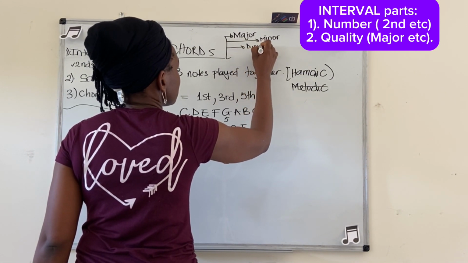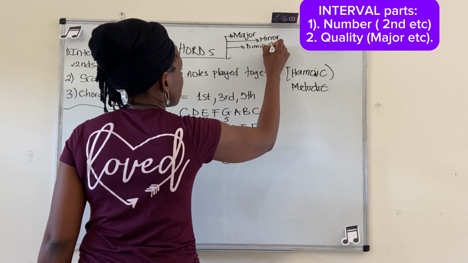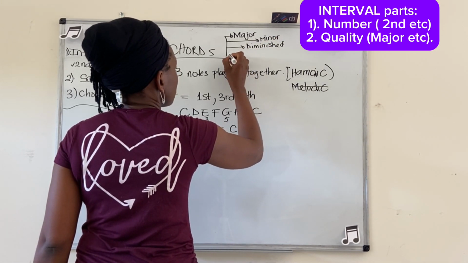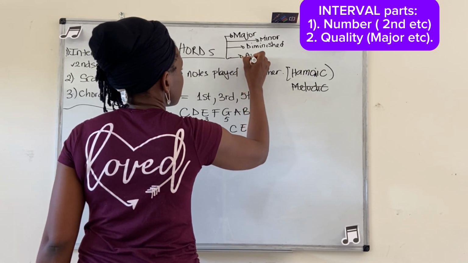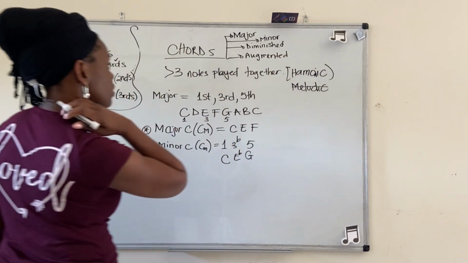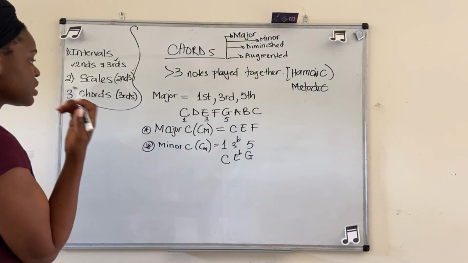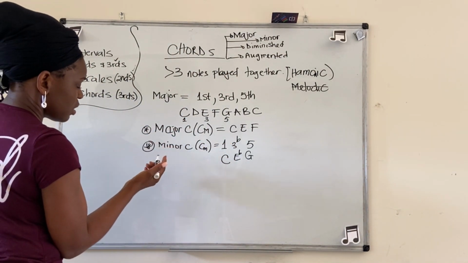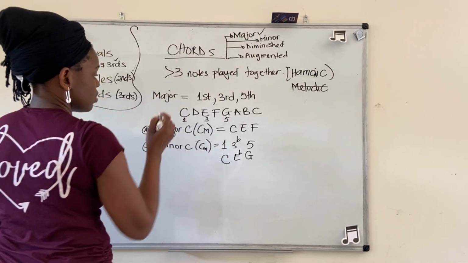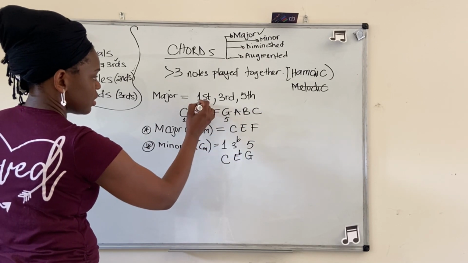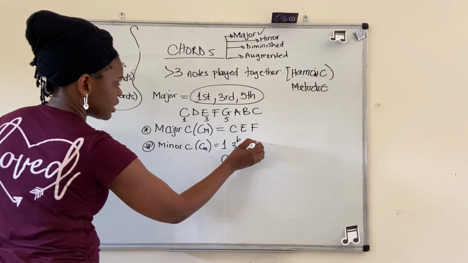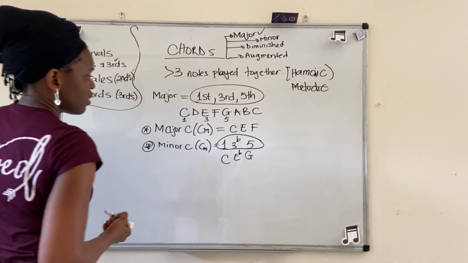So in this case, we see that our major chord, this is the formula here. We have our minor, and that's this formula.